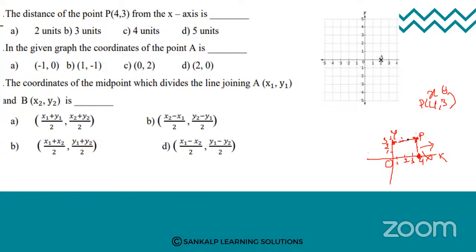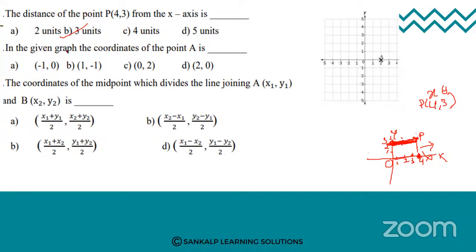Next, distance from the y-axis. This is 3. Okay. So this is parallel to x-axis. This is parallel to y-axis. That means this is the distance of y-axis and it is the distance of x-axis. The x-axis distance starts from 3, right? So this is the distance of x-axis. Okay. So, that is 3 units.